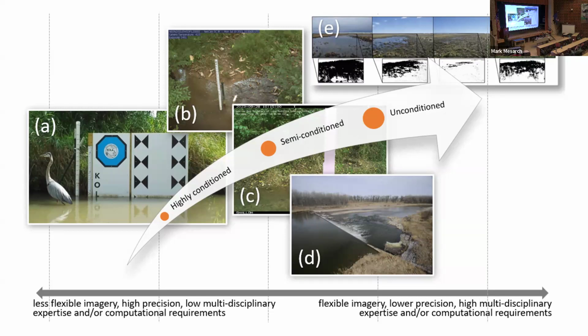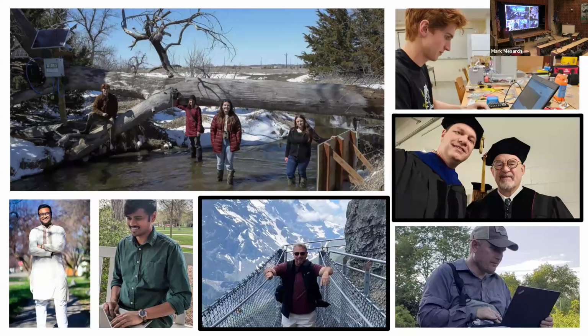And then the hardest thing, which is what Emma and Mary started with, is this completely unconditioned image up here where you have hardly anything but the horizon basically, and very little reference point. GRIME AI is being built so that we can encompass all of this type of imagery and still make it hopefully relatively accessible to a lot of different people.